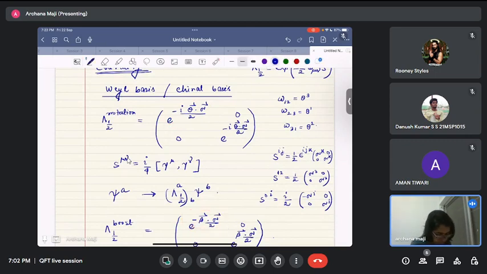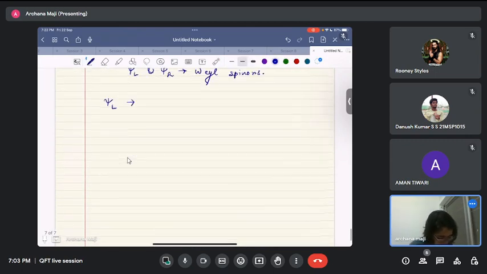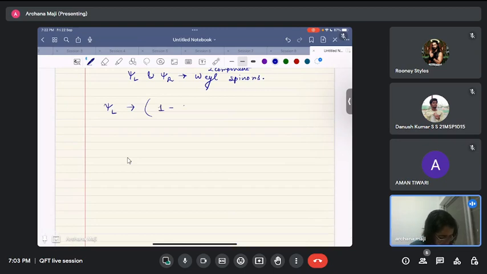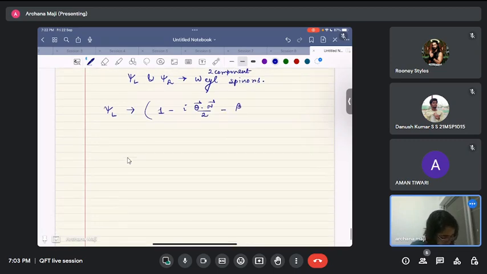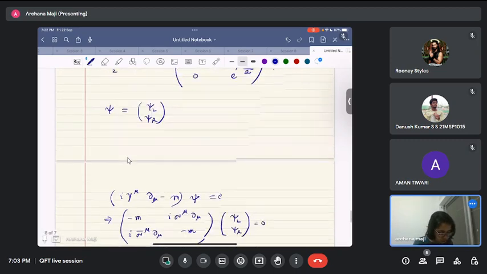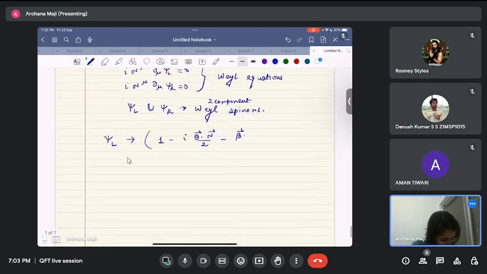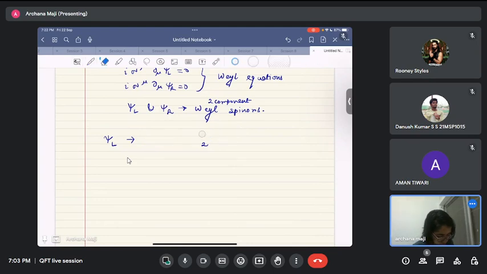So we can write it as 1 minus i theta dot sigma over 2 minus beta dot sigma over 2, or we can write it this way.